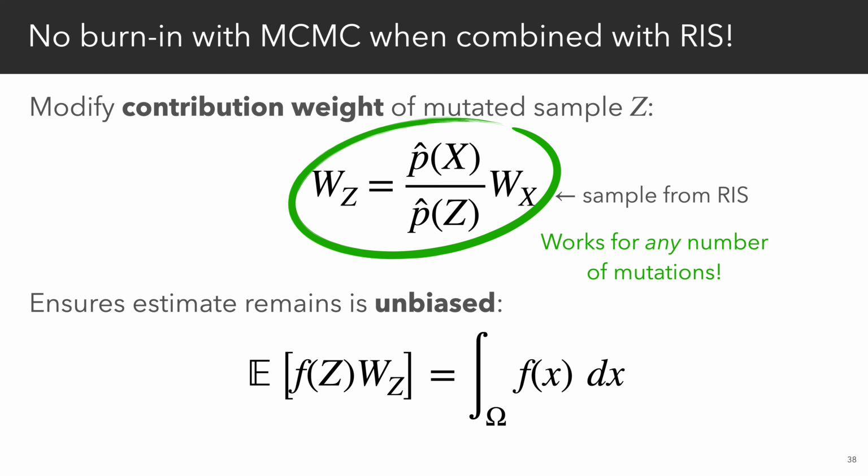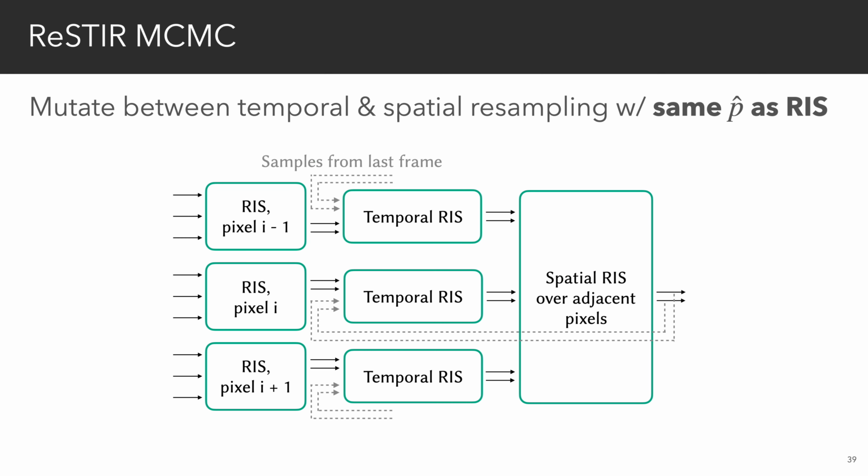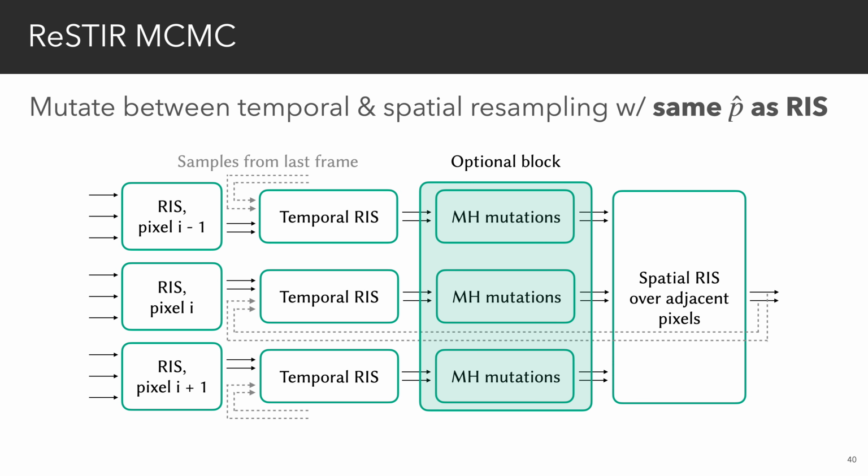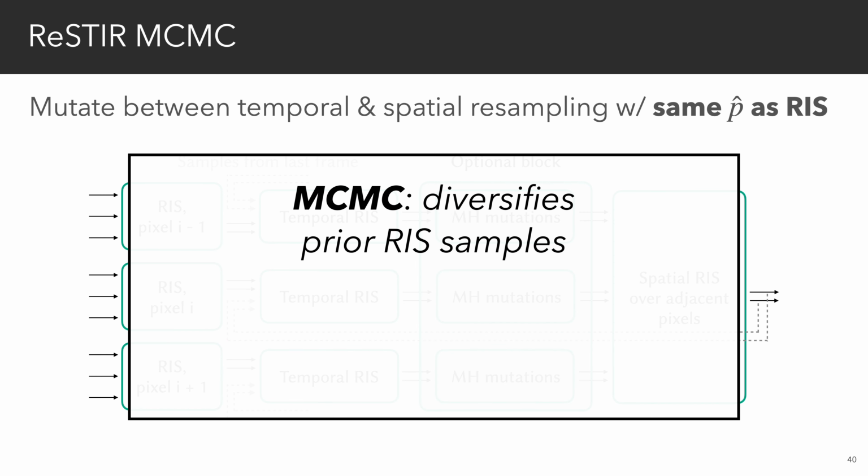1, or even 100. In the broader ReSTIR algorithm, we reduce sample duplications by applying mutations between consecutive rounds of resampling using the same target function as temporal RIS for each pixel. Note that unlike Metropolis light transport, we do not mutate samples across pixels since our goal is diversification of RIS samples.